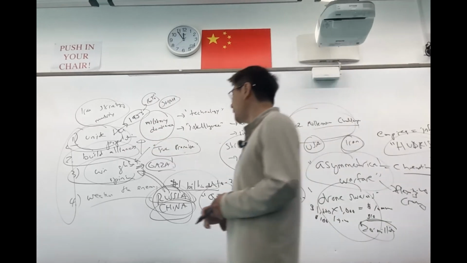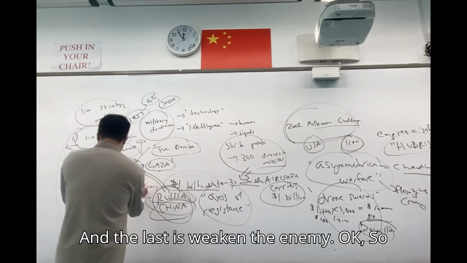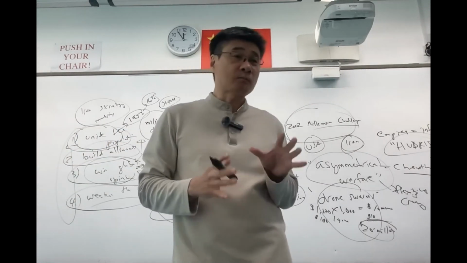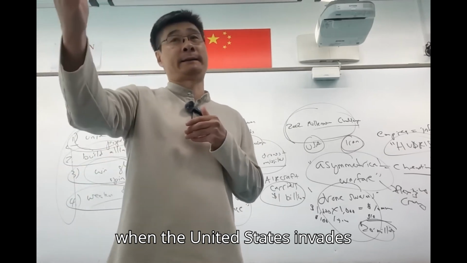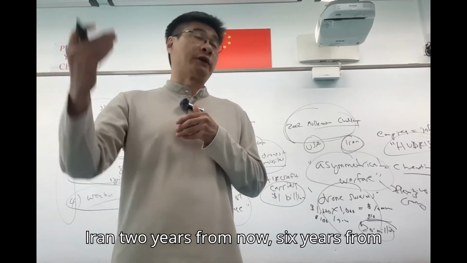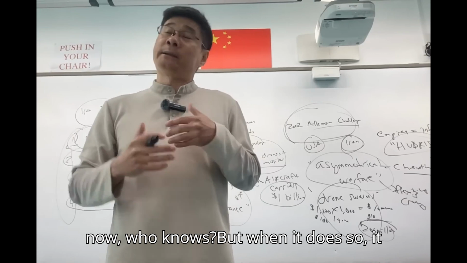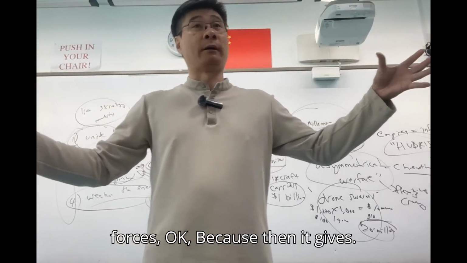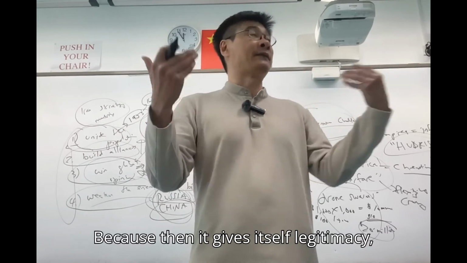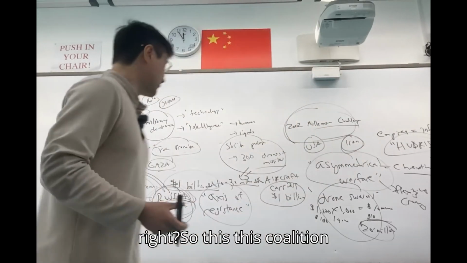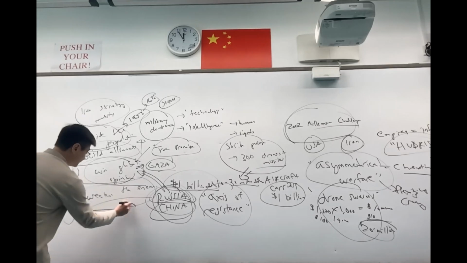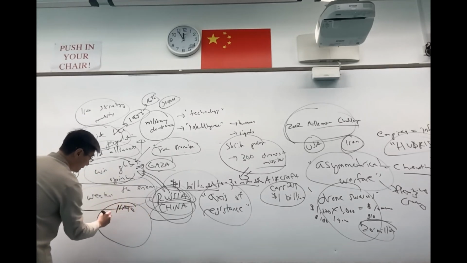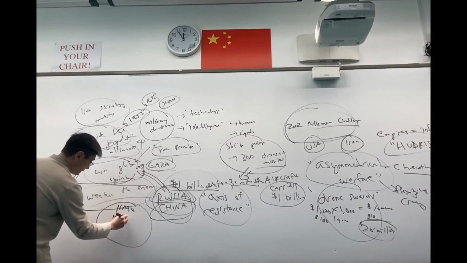All right. And the last is weaken the enemy. Okay, so what does this mean? It means that when the United States invades Iran 2 years from now, 6 years from now, who knows? But when it does so, it wants to build a large coalition of forces, okay? Because then it gives itself legitimacy, right? So this coalition will consist of NATO, Middle East countries, right?